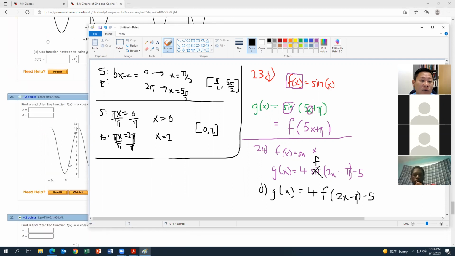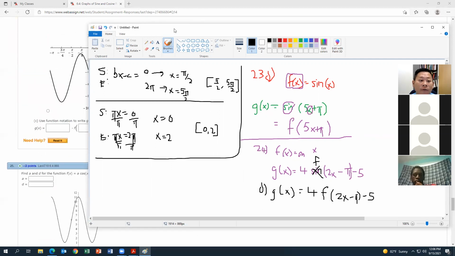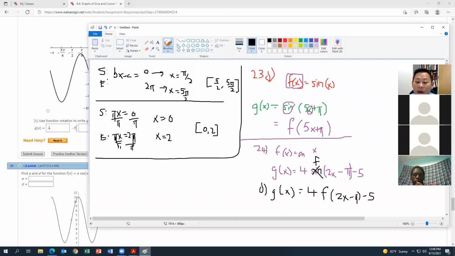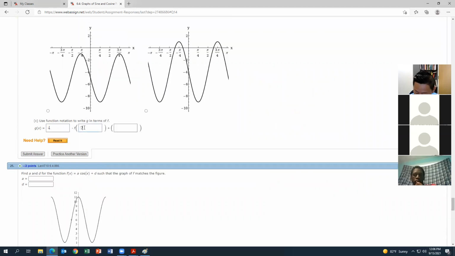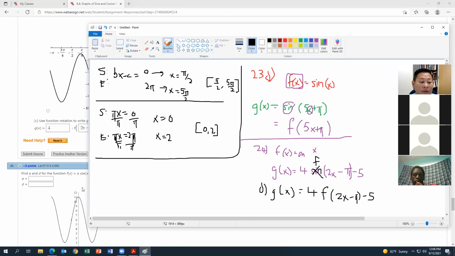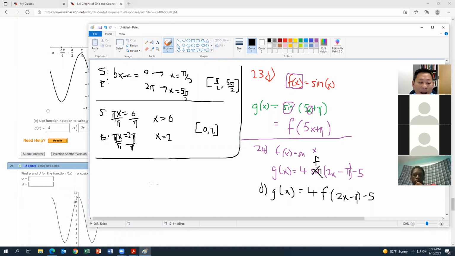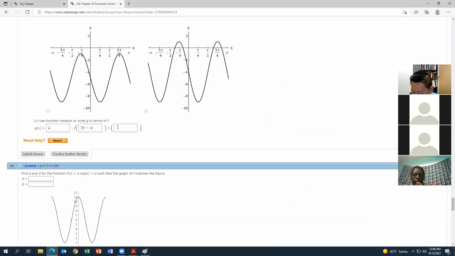So this is how you write g of x in terms of f of x: you just take the sine, or cosine if you have cosine, and turn it into f. So your answer in this case will be 4 in front, and then multiply it with what we have here, 2x minus pi in the parentheses, and what we have outside, minus 5. Oh, this is plus, so because it has a minus, that means you need to put a negative 5 inside here.